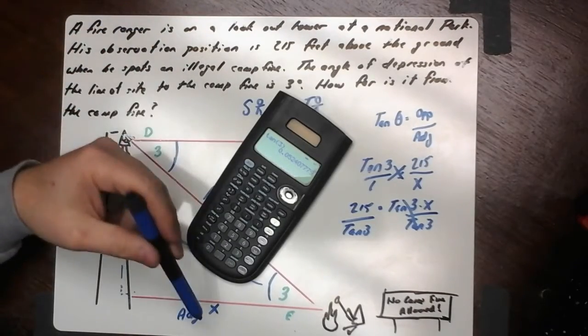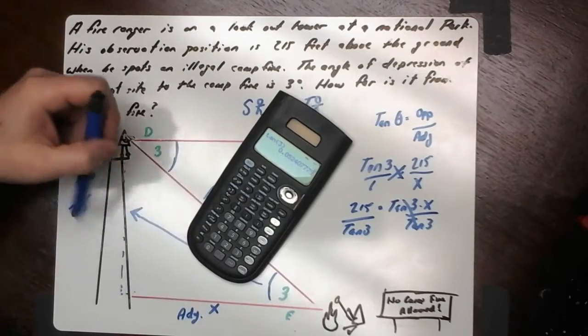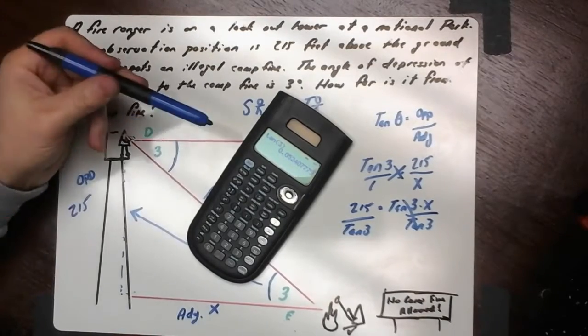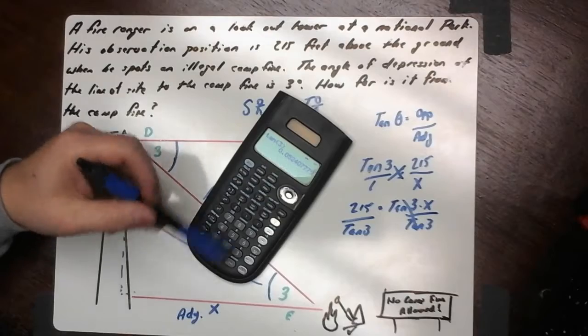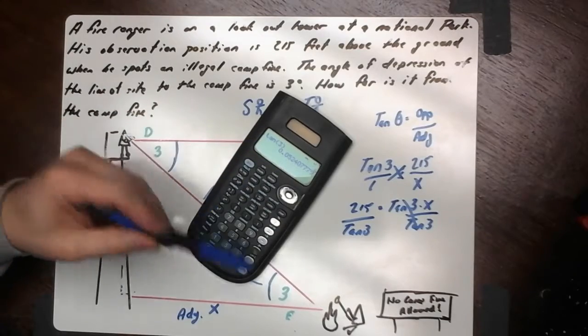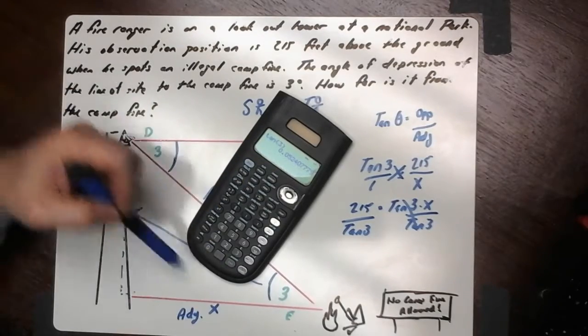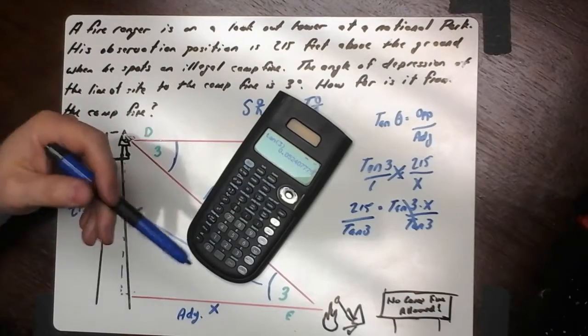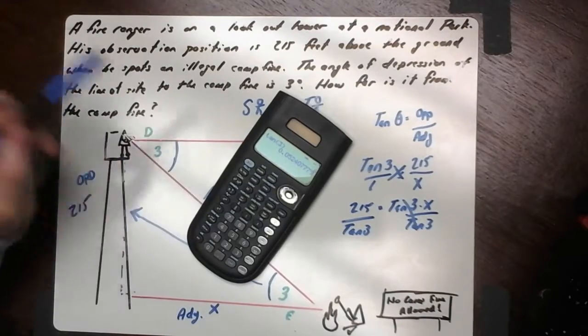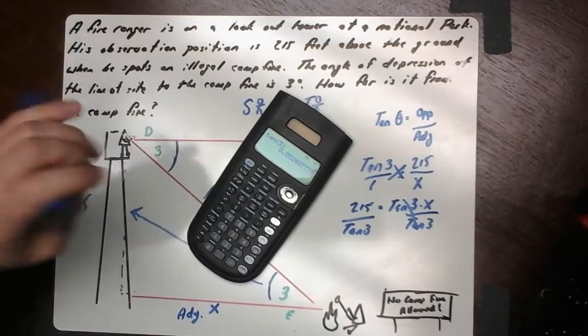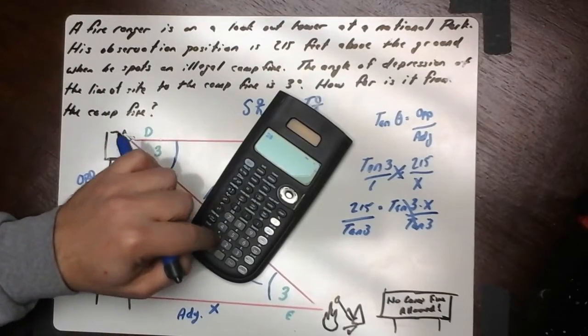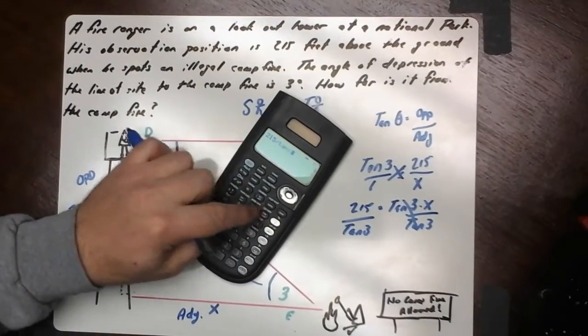Okay? It's the ratio that exists between these two sides. I'm using that number to find the missing side because the calculator already knows what the ratio is. Okay? Because it's constant, always at 3 degrees. So now I'm going to plug that in. 215 divided by tangent 3.